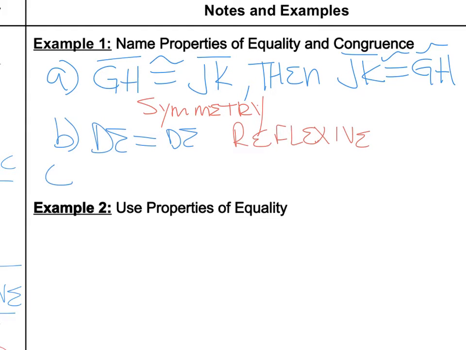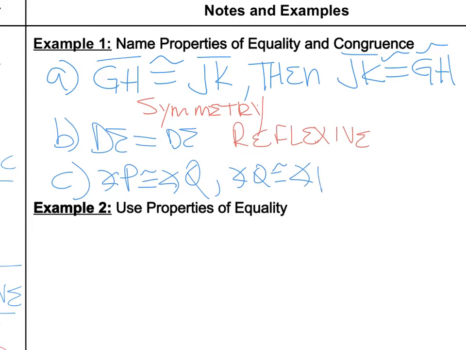And the last one for this example, that's kind of ugly, is angle P is equal or congruent to angle Q, and then we have angle Q congruent with angle R. So therefore, angle P is congruent with angle R. Which property is that?